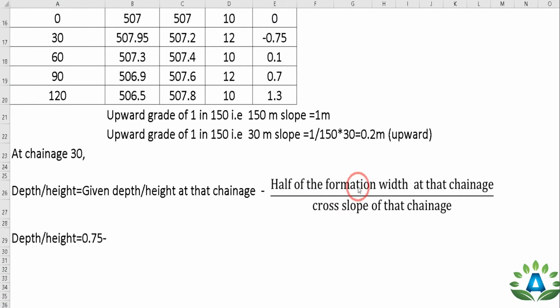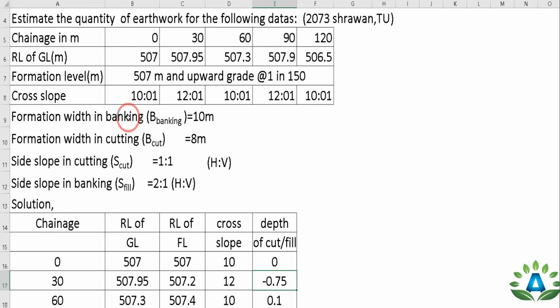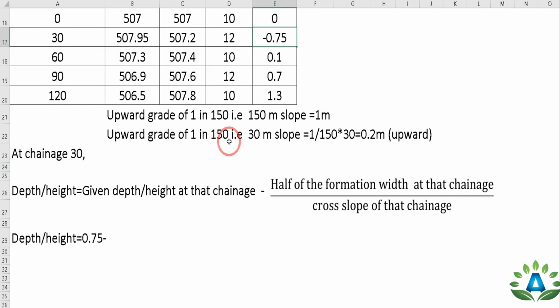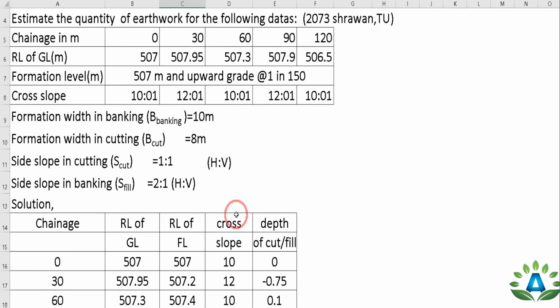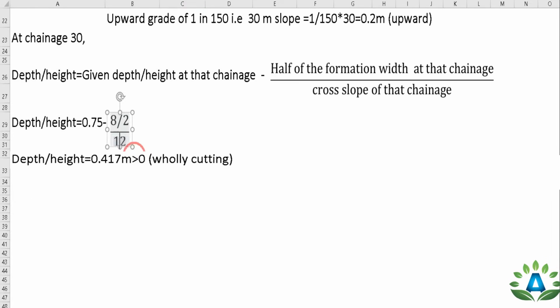And here we need to use the formation width of cut because this is the cutting portion. So we have this formation width of cutting, that is 8 meter, but we need to put half of its value, so we can simply write 8/2, whereas we have this cross slope as 12:1, so r equals 12.